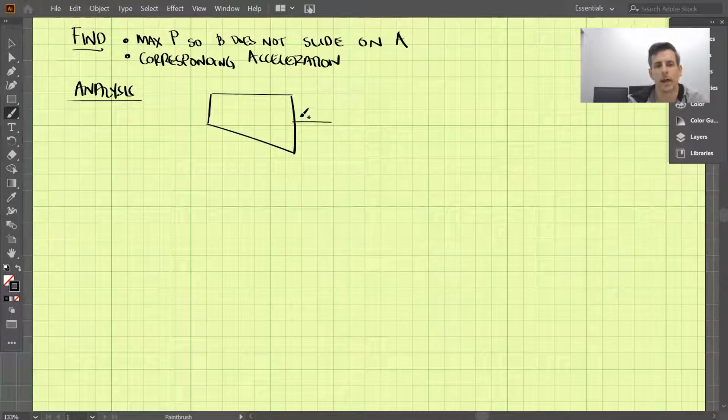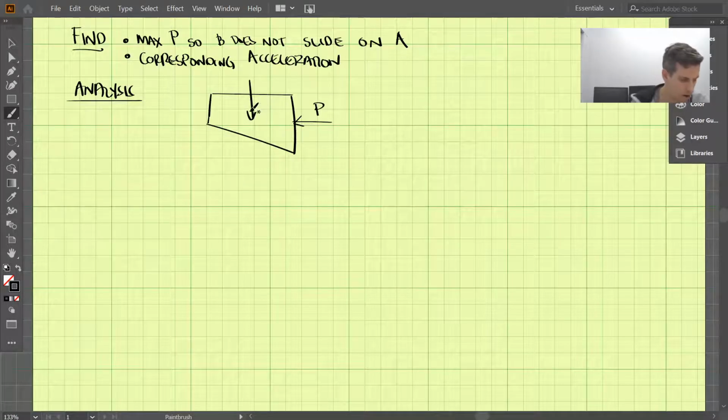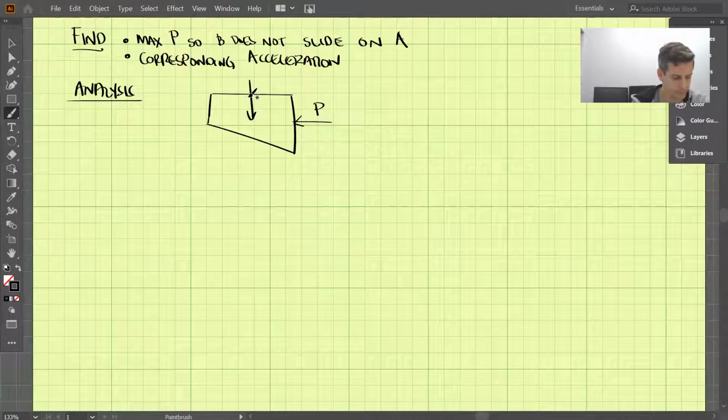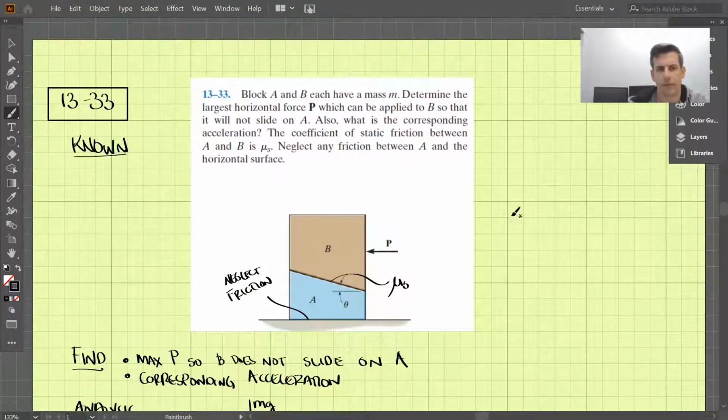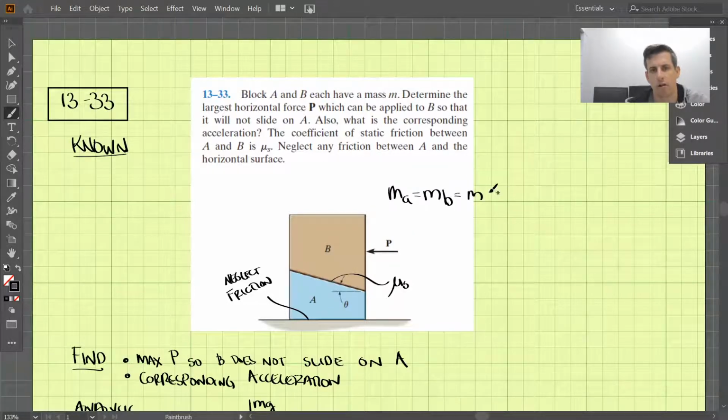Okay, so we have a horizontal force P there. We have downward, we're going to have our mg here, m times g. We're given that both blocks, I forgot to mention that, both blocks have the same mass. So ma equals mb, which we're just going to call m.